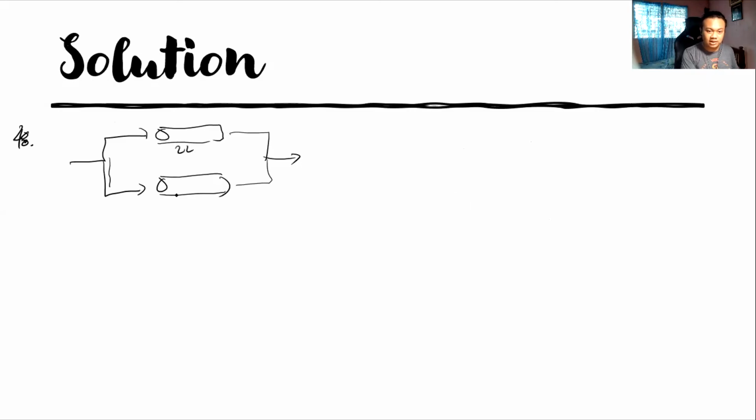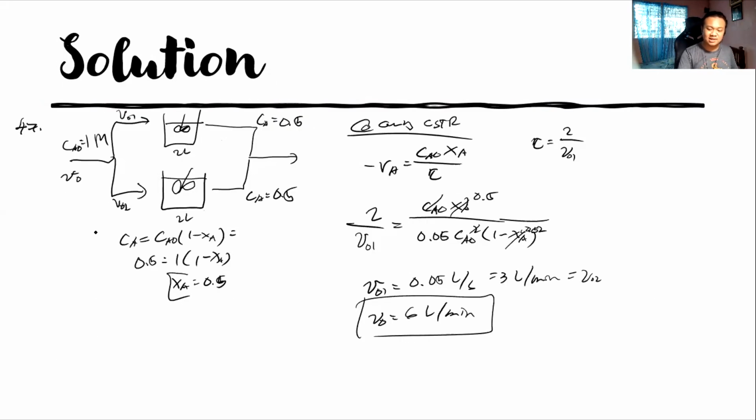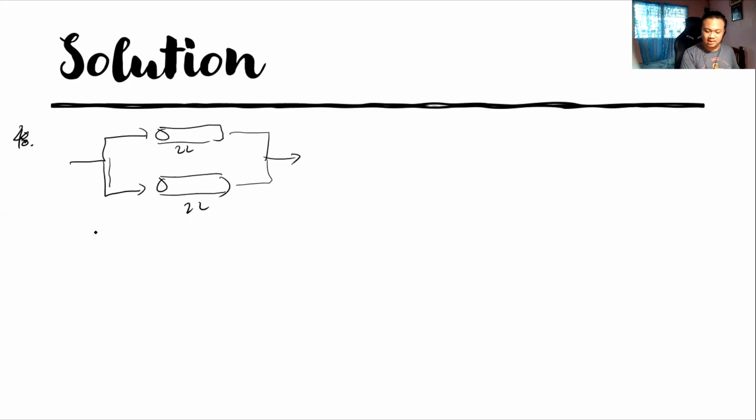So this is 2 liters, this is 2 liters, the same setup. So at any PFR, the difference is that it's not algebraic anymore, but a differential equation, right?